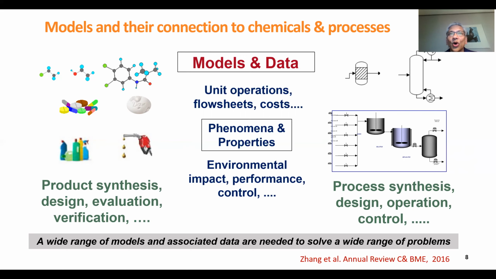At the core are the models related to what phenomena are occurring, what the mass transfer is, how the reaction is occurring, etc. And at the same time, if there are chemicals in different phases, we need to know the properties of those chemicals. So a wide range of models and associated data are needed to solve a wide range of problems. And we will see why this is needed.